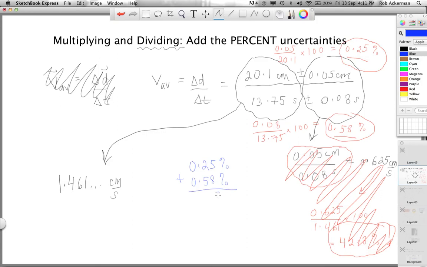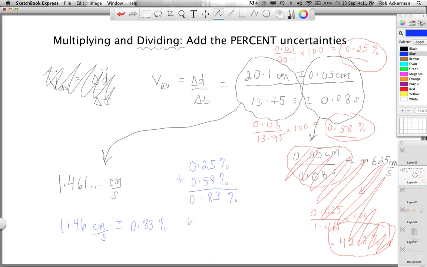What does that give you? That gives you 0.83%. That feels better. This is the percentage that gets tacked on to your best guess. So if this is going to be 1.46 centimeters per second, you now go plus or minus 0.83%. That looks a lot better.